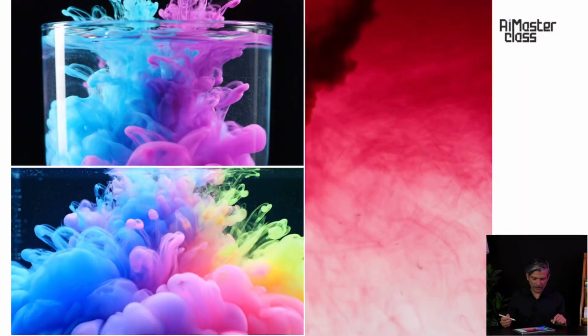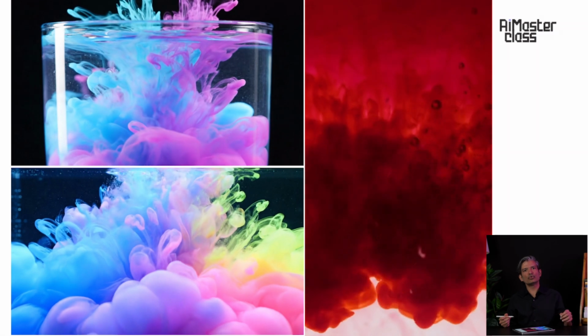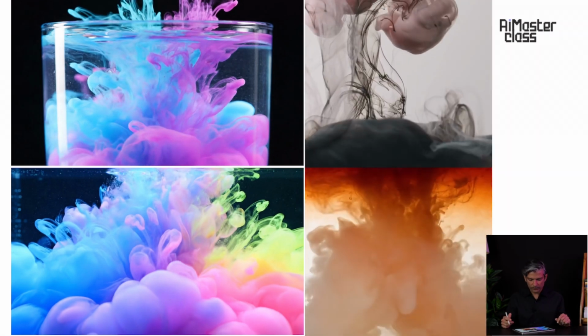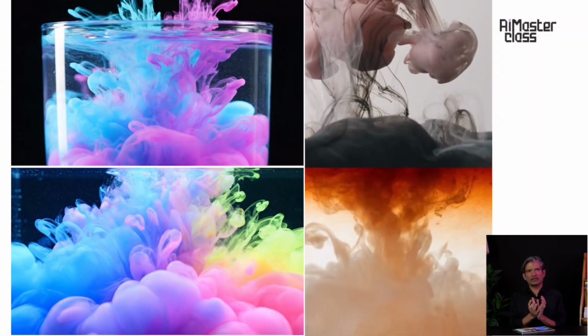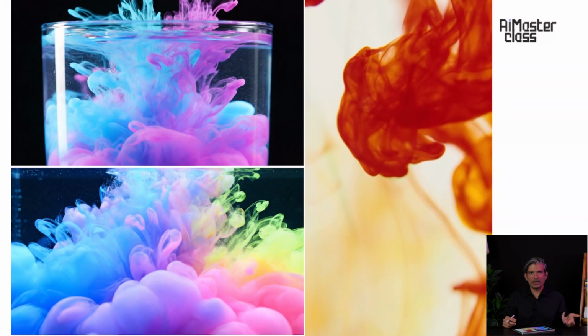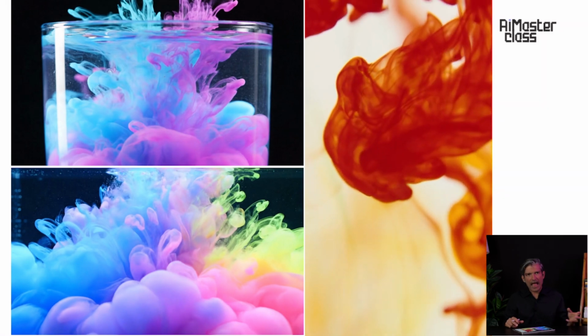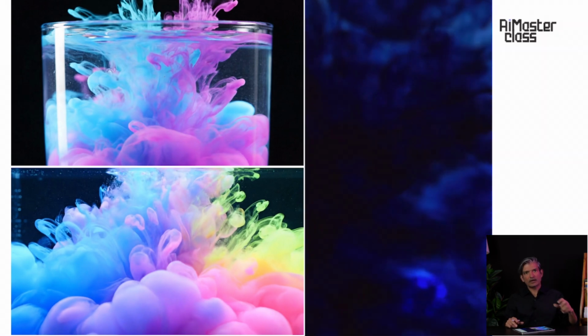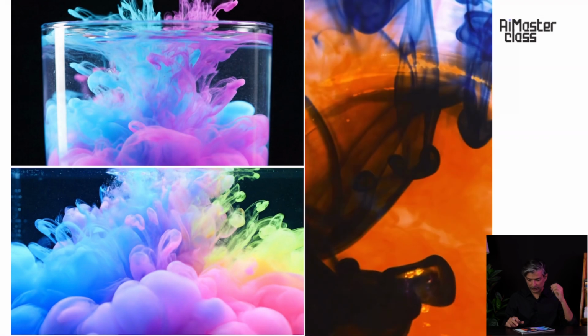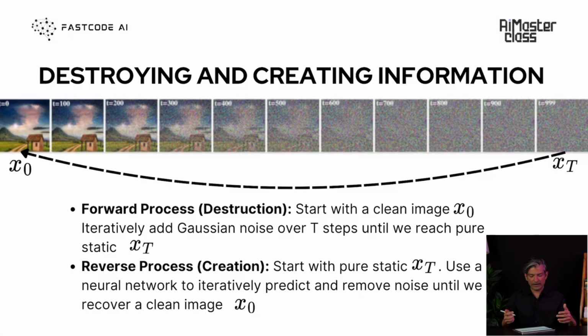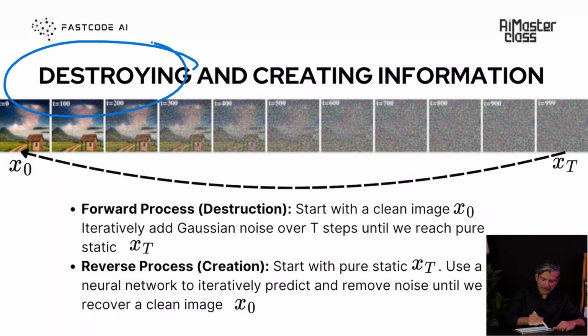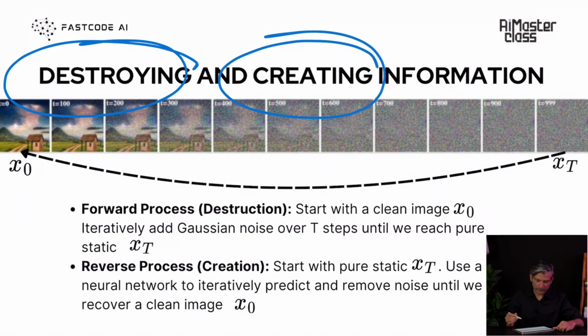Here we see dye getting diffused in, let's say, water, and once this dye is fully diffused, that is the stable equilibrium of that system. And we kind of model this noising and denoising process of diffusion, and this is why I showed you those diffusion videos. So diffusion models essentially are destroying and then creating information.